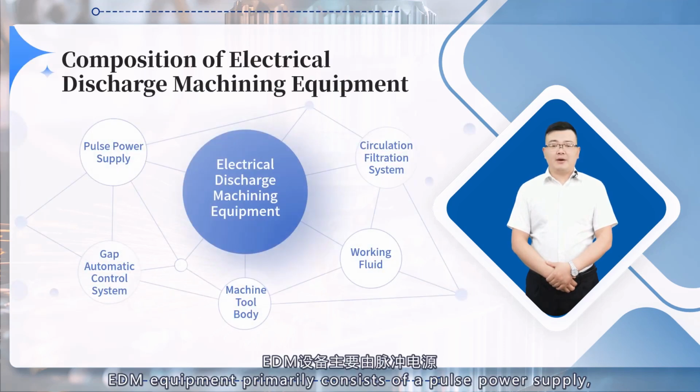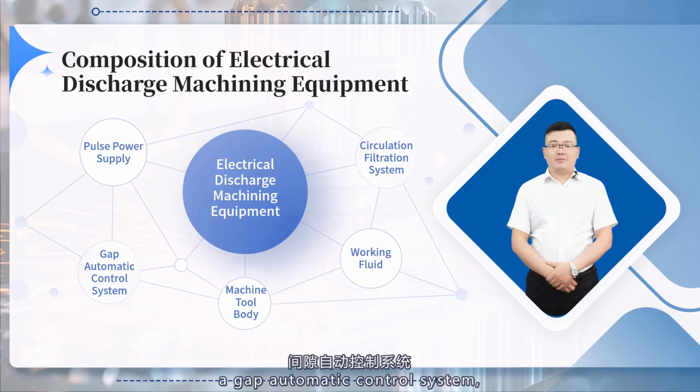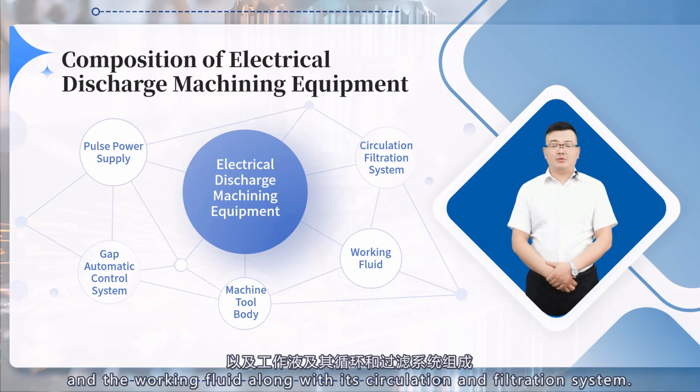EDM equipment primarily consists of a pulse power supply, a gap automatic control system, the machine tool body, and the working fluid, along with its circulation and filtration system.